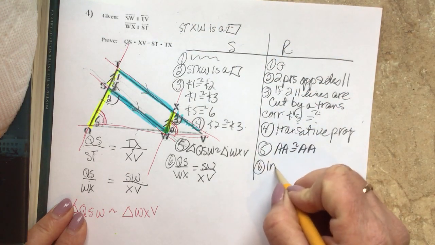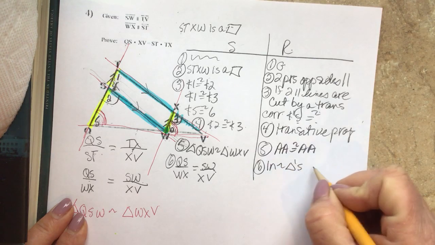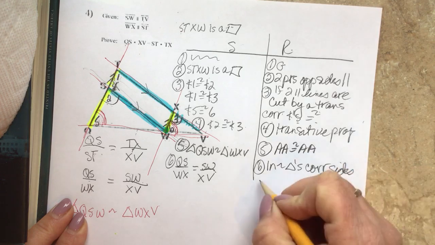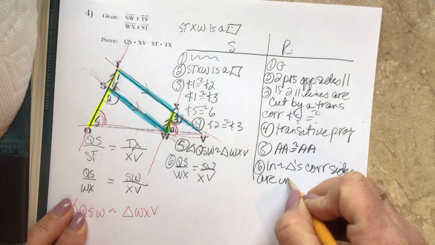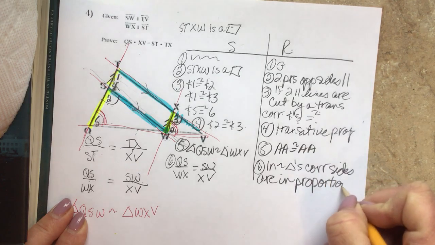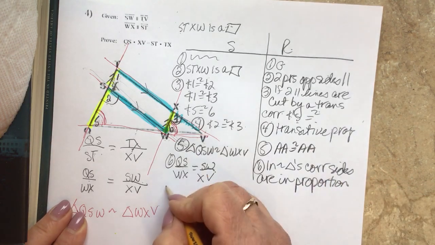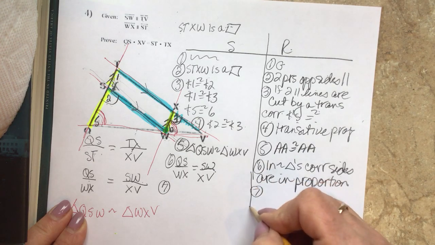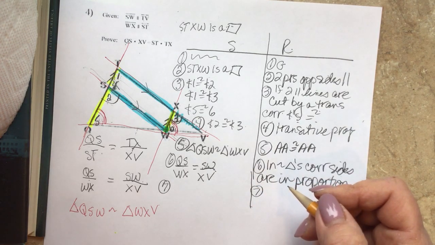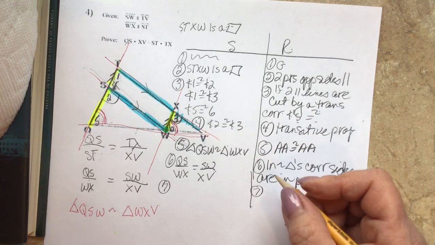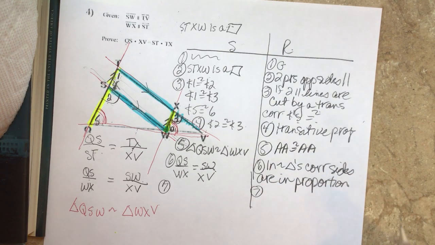All right, in similar triangles, corresponding sides are in proportion. Okay, now let's wait till the end to do our substitution.